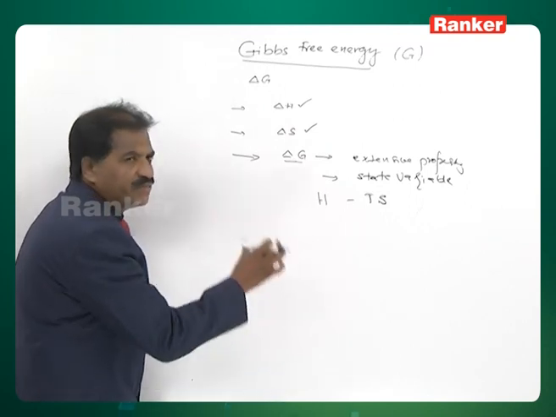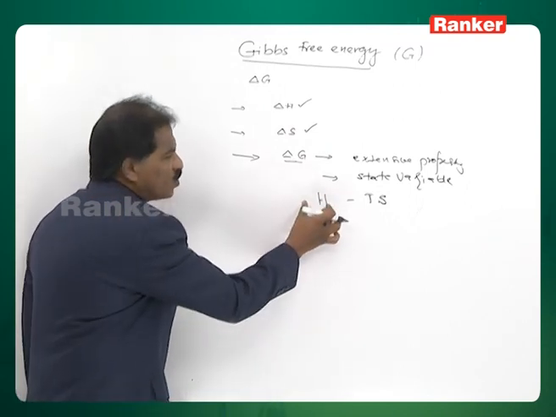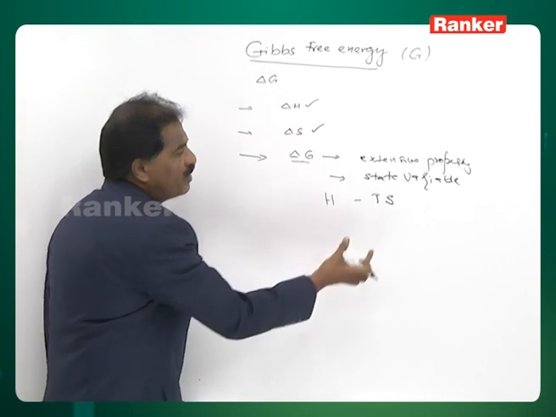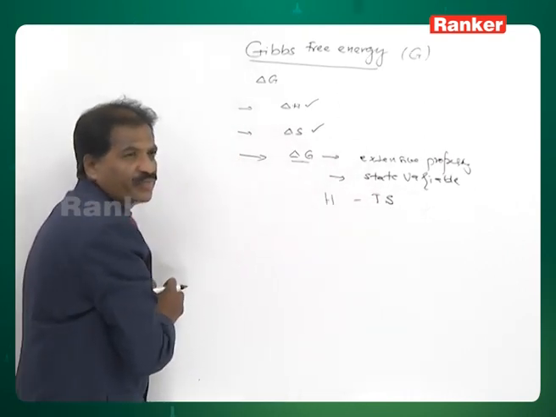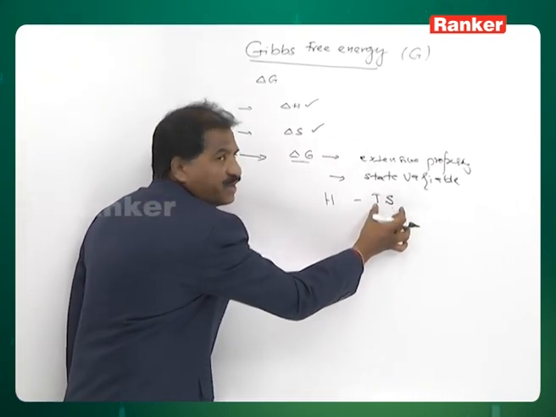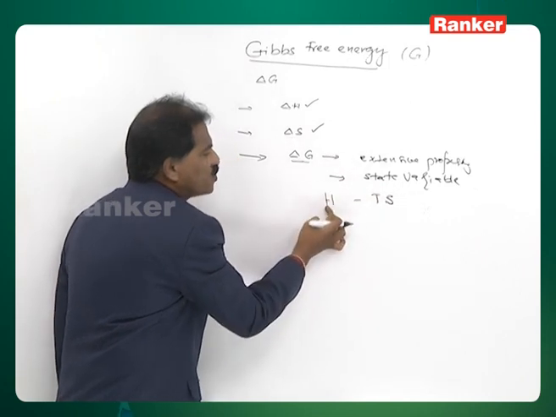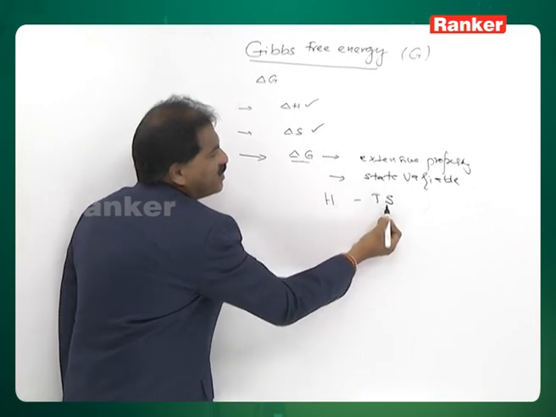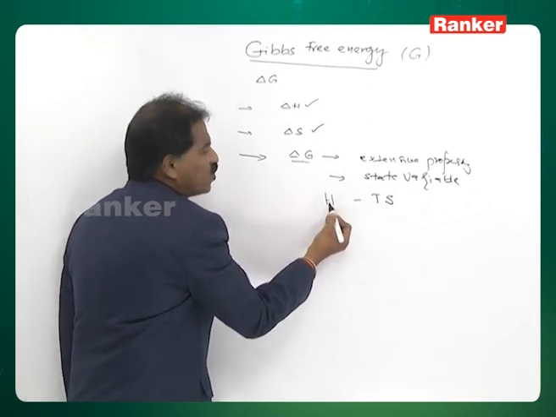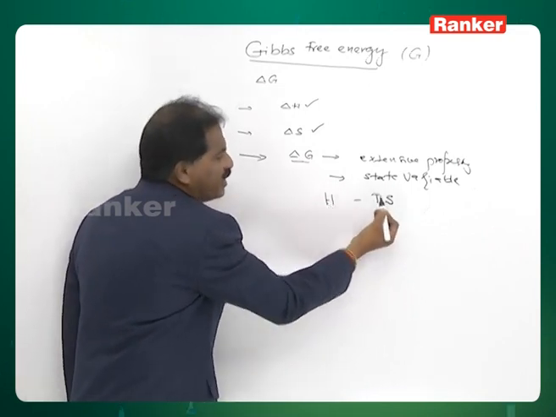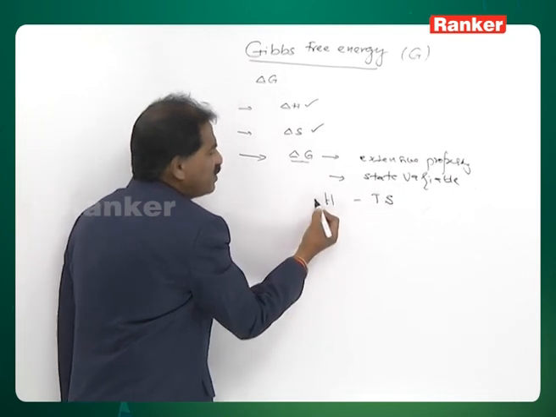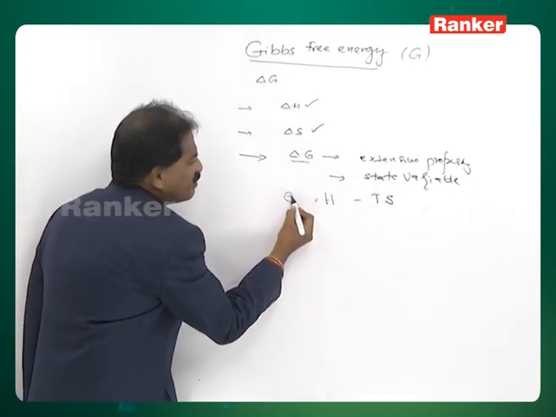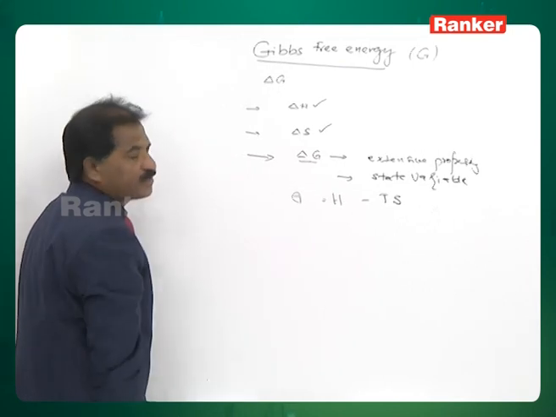The energy that gets wasted during the conversion of stored energy into useful form is represented with the TS. This is the total energy that is getting wasted. Therefore, stored energy or total energy minus the energy that is wasted is equal to the energy that is available for any useful purpose.